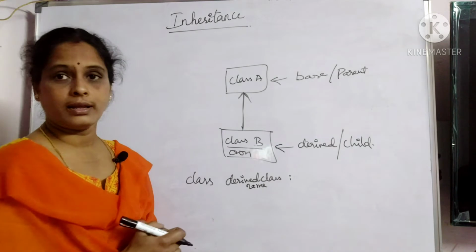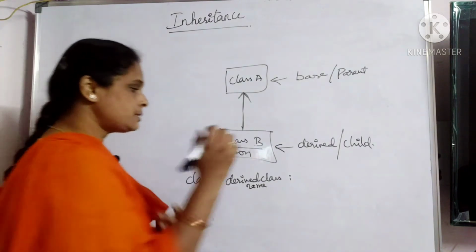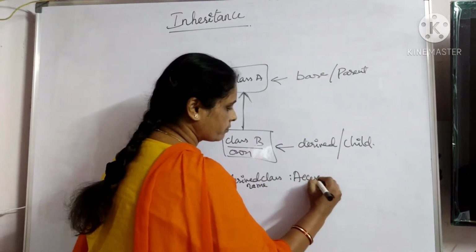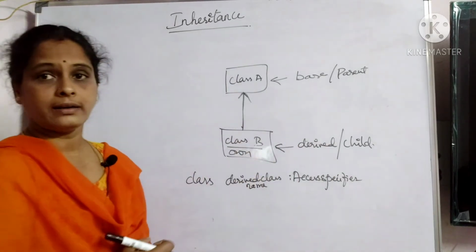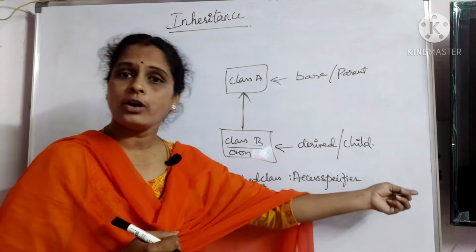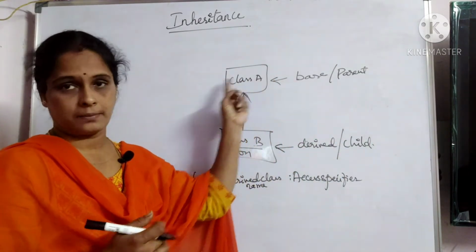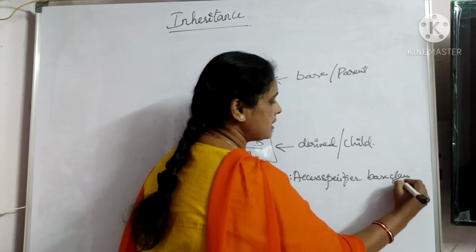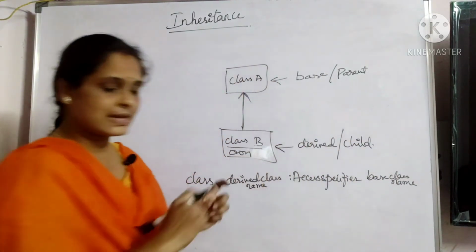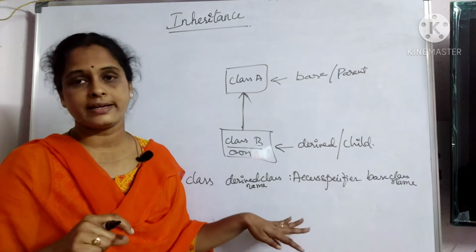Then put a colon followed by an access specifier, followed by the base class name. This is the syntax we follow for inheritance.